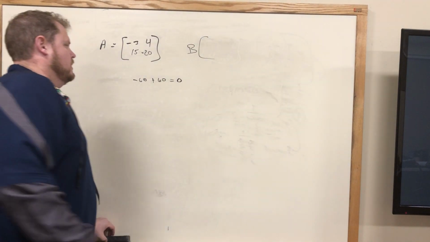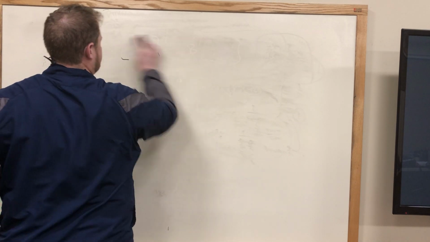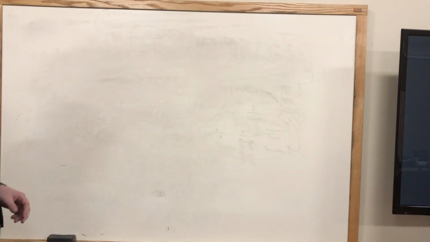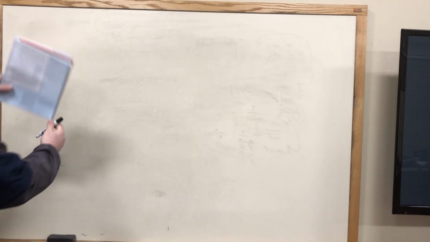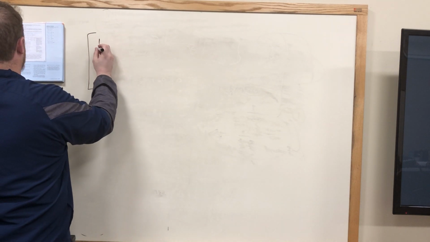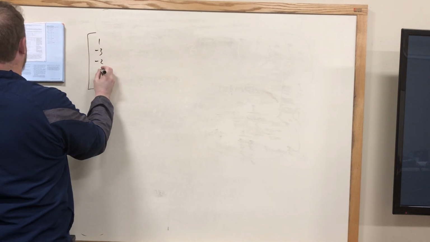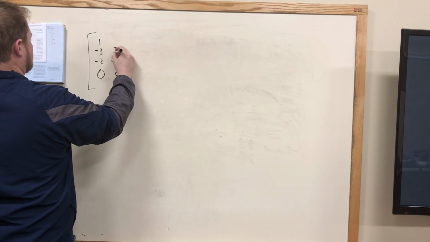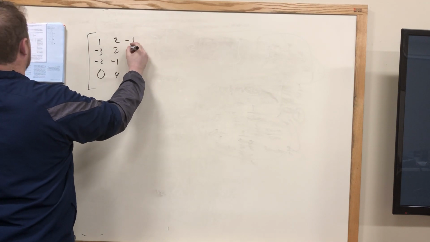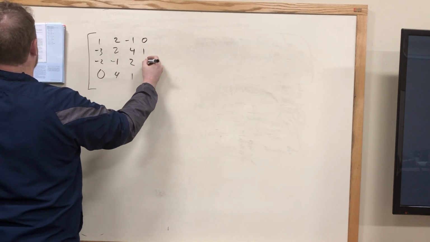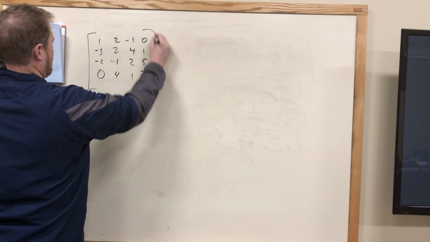All right, so that all being said, what we're trying to do is just practice through some of these problems. So let's do a problem together. Example number 1. What we're looking to do: 1, negative 3, negative 2, 0, 4, negative 1, 2, 2, negative 1, 4, 2, 1, 0, 1, 5, 3.